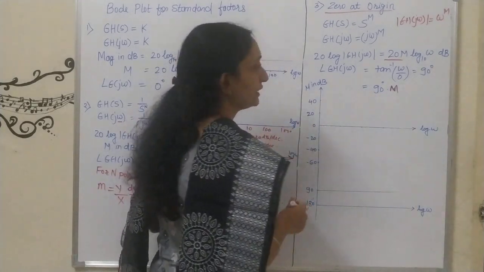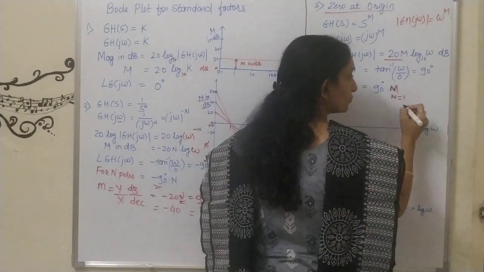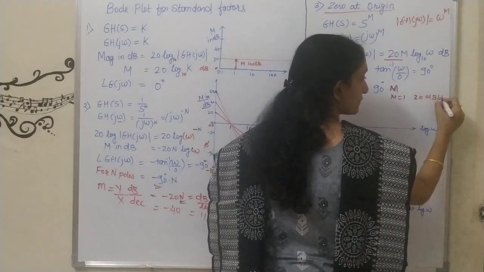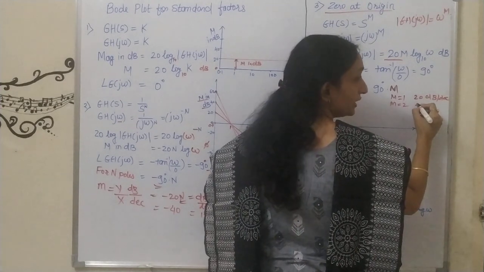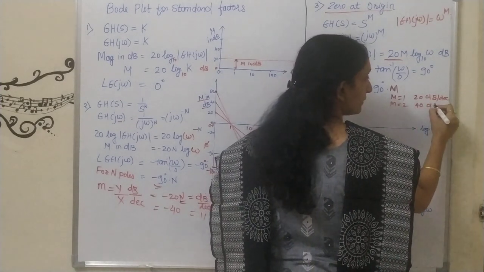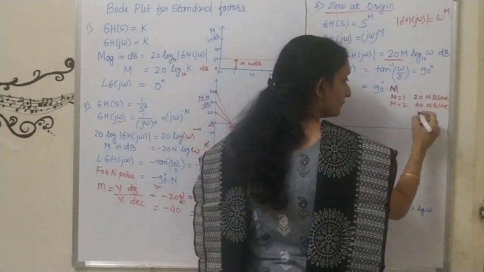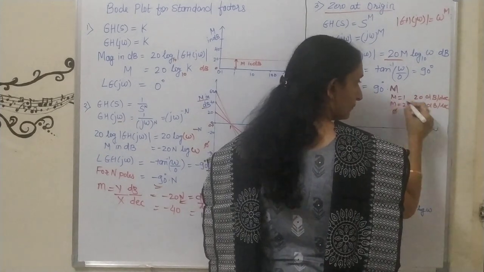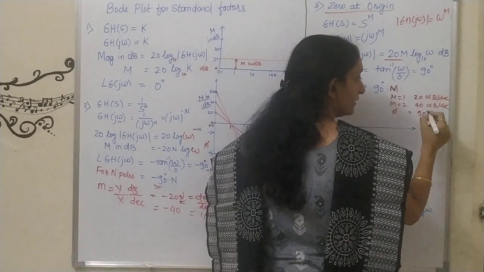Now the important thing: for m equal to 1, my line slope is plus 20 dB per decade. For m equal to 2, it is 20 into 2, so this will be 40 dB per decade. Similarly you can increase. And the angle, for m equal to 1 I am getting 90 degrees, then next it will be 180 degrees, like that.